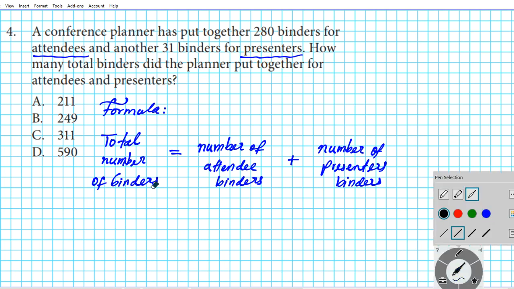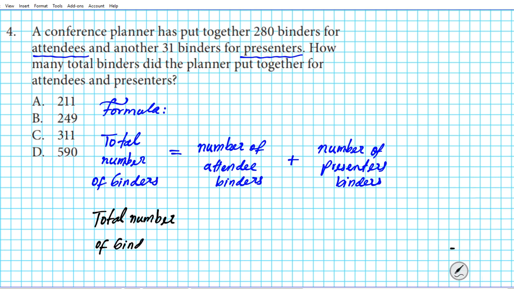Okay, let's do it. So total number of binders, we're looking at a combination of attendees and presenters, is going to be the number of attendee binders, which is 280, plus the number of presenter binders, which is 31.